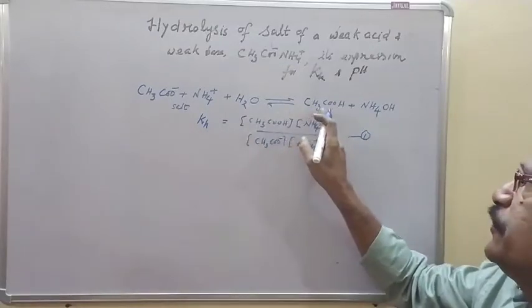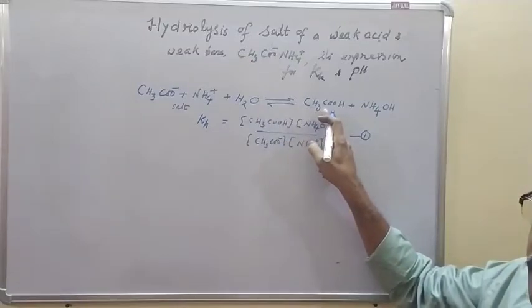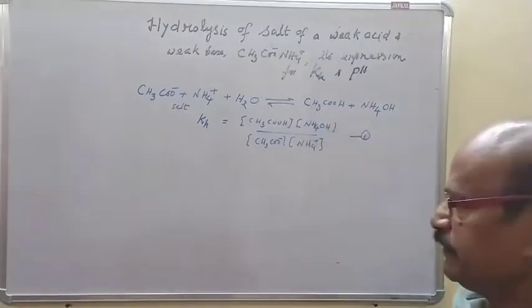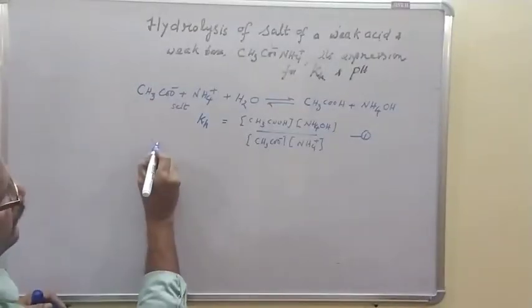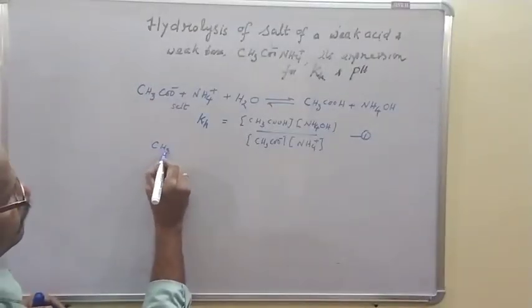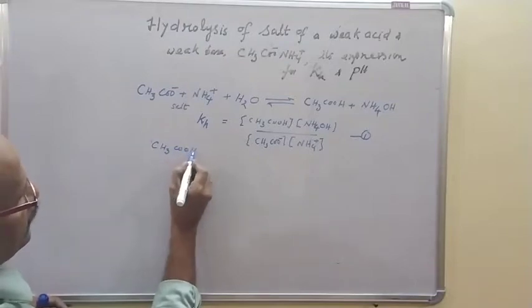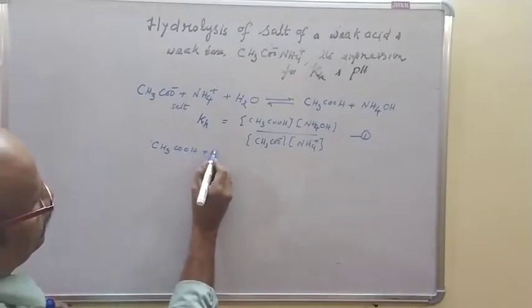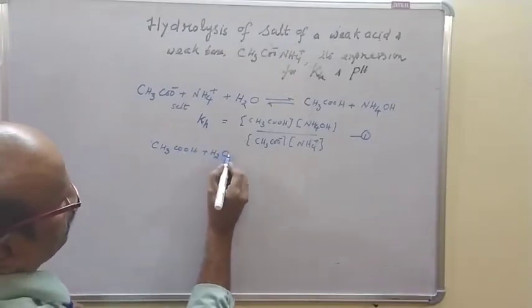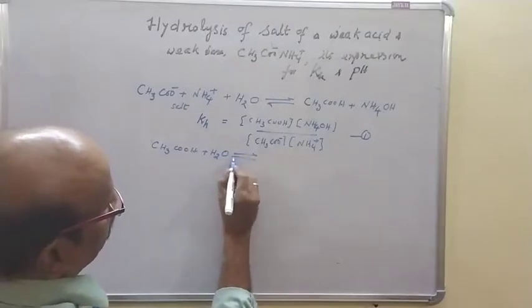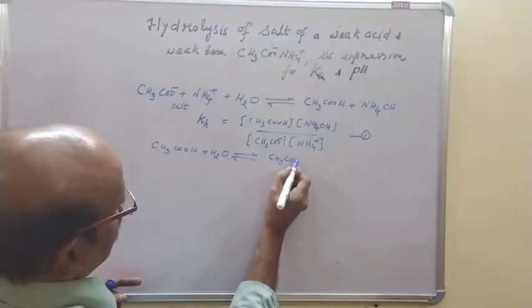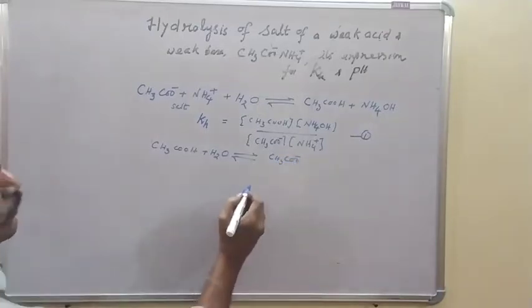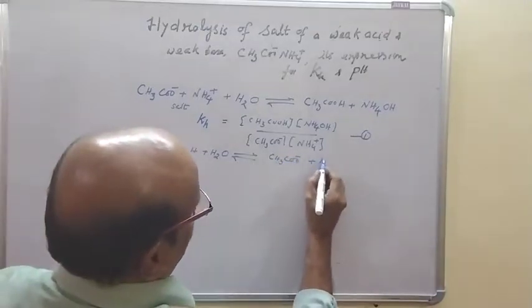And in addition to this equilibrium, there is the separate equilibrium for the weak acid and weak base. So we can consider the equilibrium of the weak acid, that is CH3COOH plus H2O reversibly gives CH3COO minus plus H3O plus.